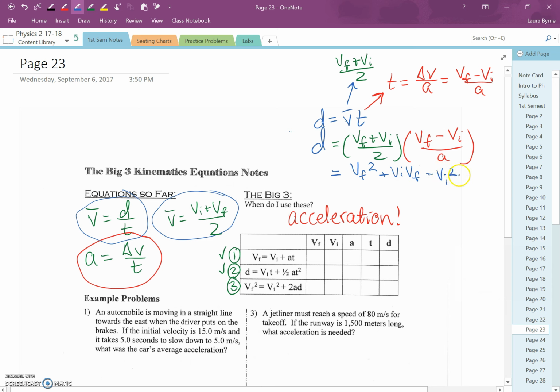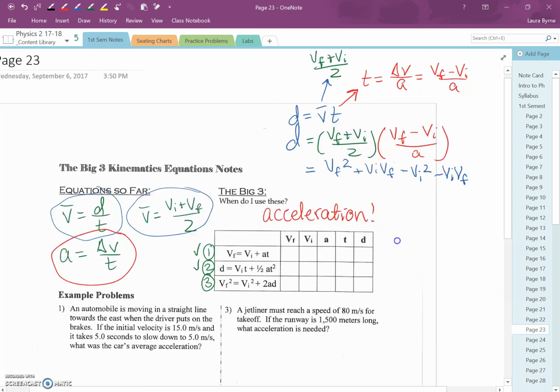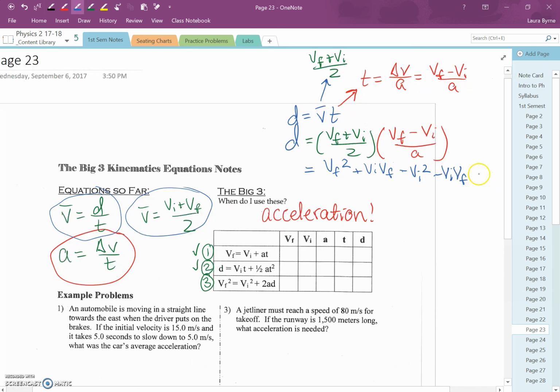And then we need to distribute that, so we say plus. Sorry, we did Vf times Vf, we did Vi times Vf. Then we're going to do Vf times Vi, so we're going to get negative Vi times Vf. And then we'll get negative Vi squared. So I think I got them all in there. And then all over 2a.